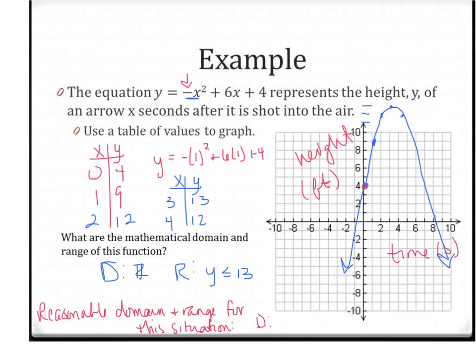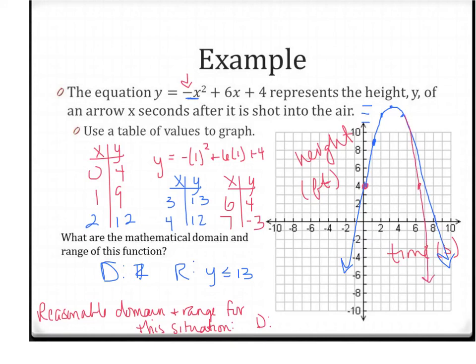Let's see here, 13, I bet you it's actually coming down at 6. Let's plug in, nope, 6 would be 4. 7 would be -3. So 6 is 4, 7 is -3, so it's actually coming down like this.